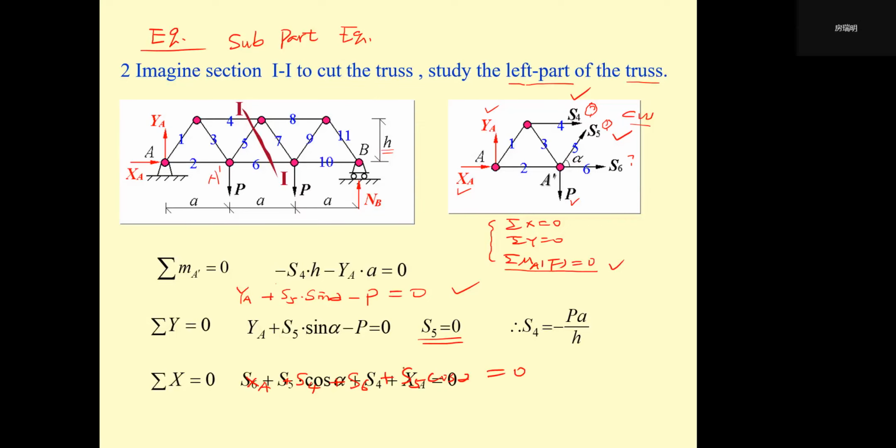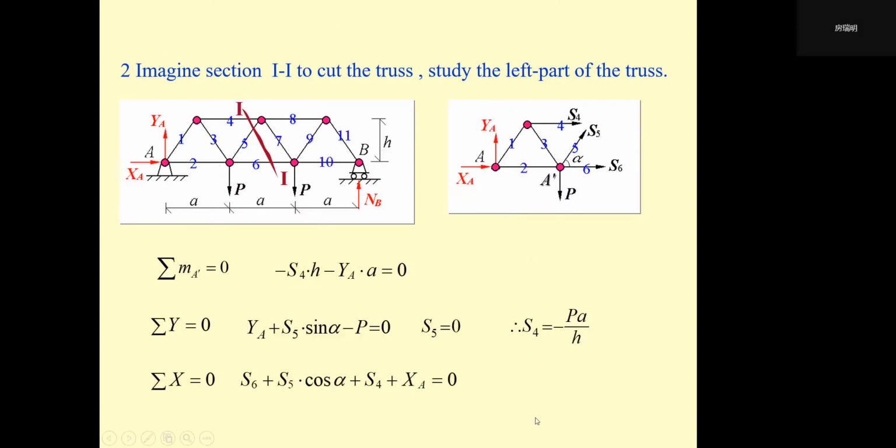In this equation XA equals 0, so it drops out. So we have the correct final equation, and from this we can find S6.